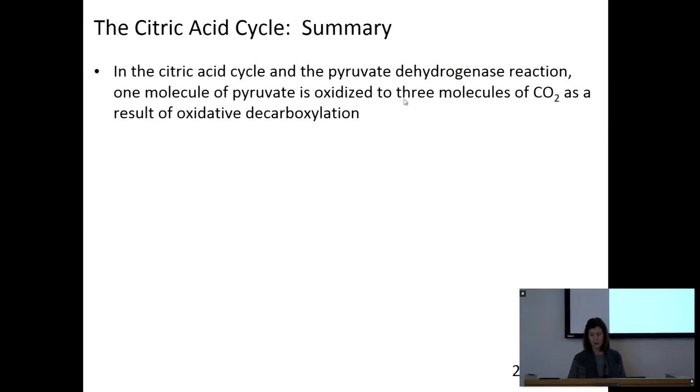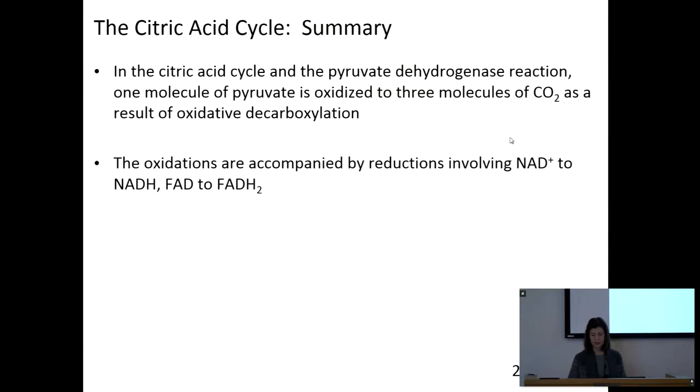And then we also lose the other 2 carbons from the pyruvate as carbon dioxide through the citric acid cycle. We have oxidations that result in reductions of our coenzymes, our electron carriers, NAD and FAD. We also get a money molecule of GTP, which can be made into ATP, a high energy molecule.